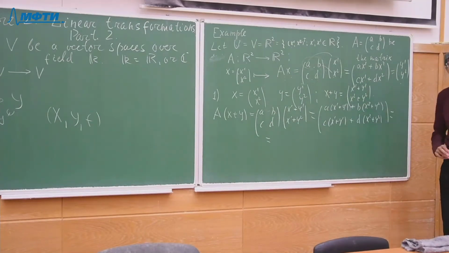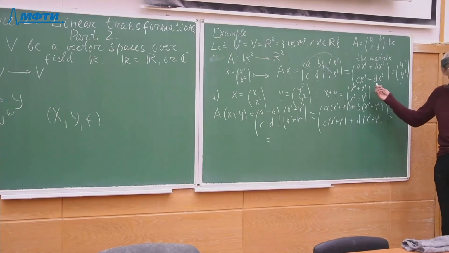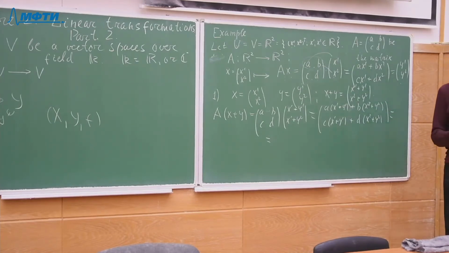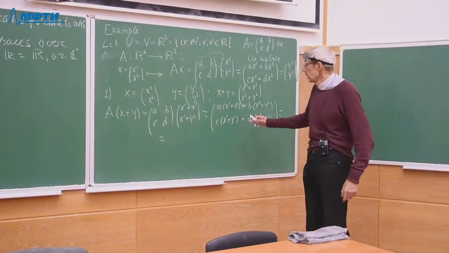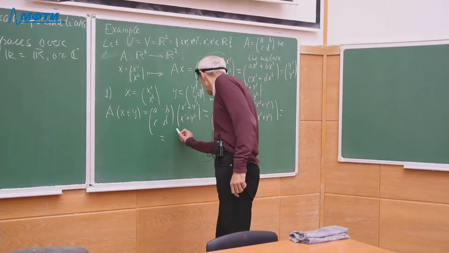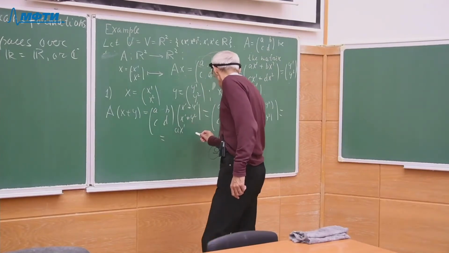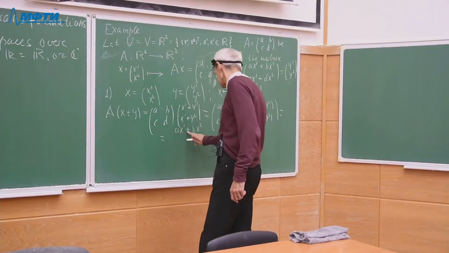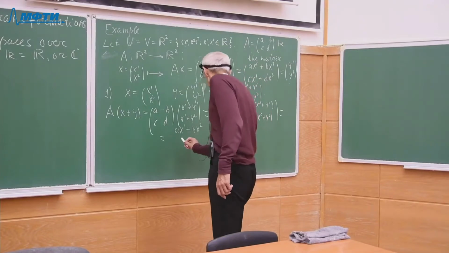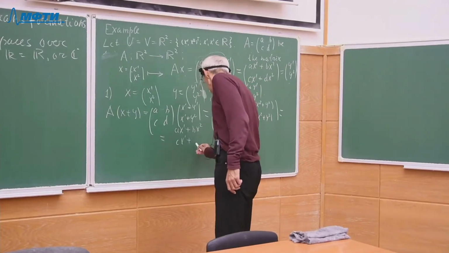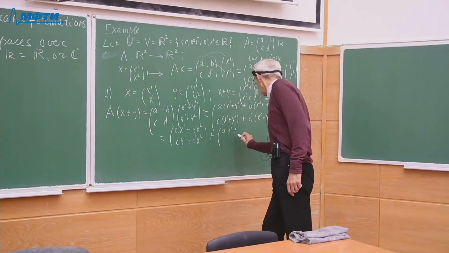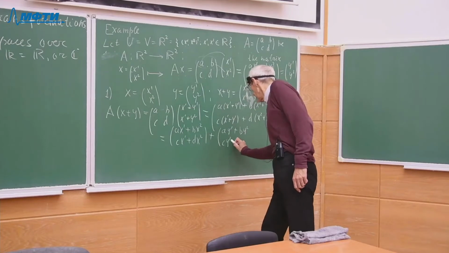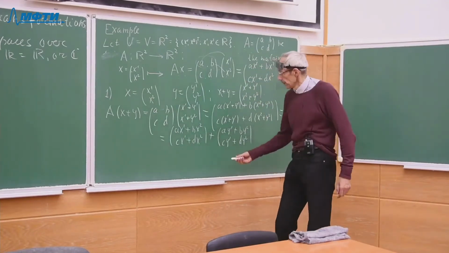After that, I can use the definition of the sum of the matrix, which has elements where each of these elements is the sum of the corresponding elements, and by definition this column I can present as the sum of the following columns: a x1 plus b x2, the second element c x1 plus d x2, plus a y1 plus b y2, c y1 plus d y2, the main step.